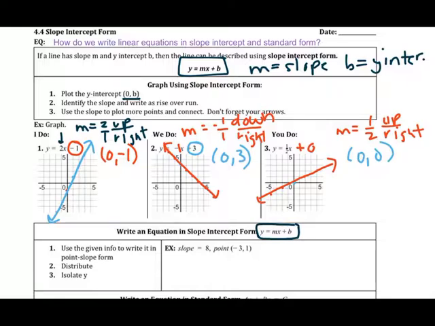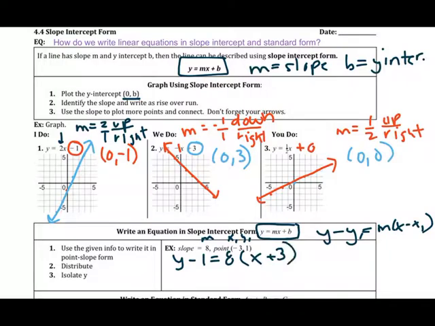So let's look at this first example. Here's my m, here's my x1, y1. I'm going to start by writing this in point-slope form, which is right there. So y minus 1 equals my slope, 8 times x minus -3. That's going to become x plus 3.